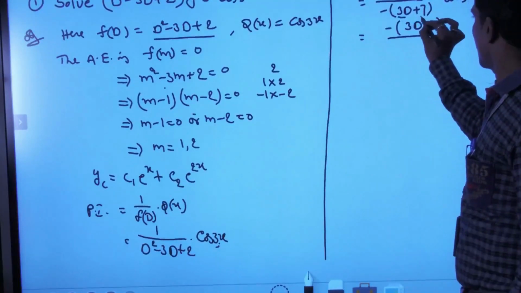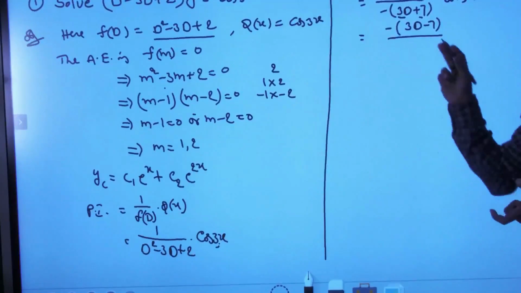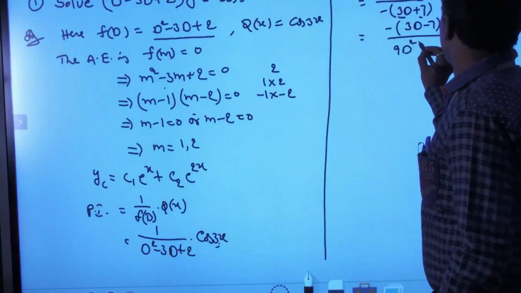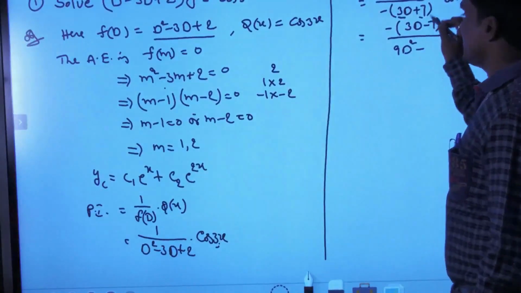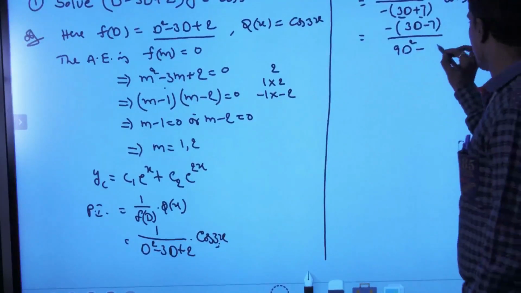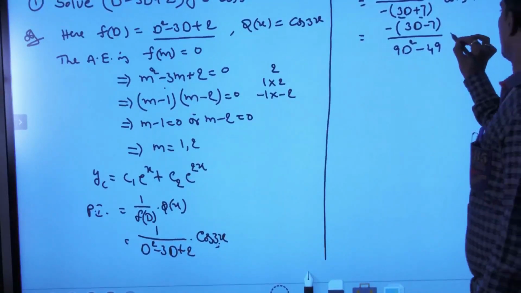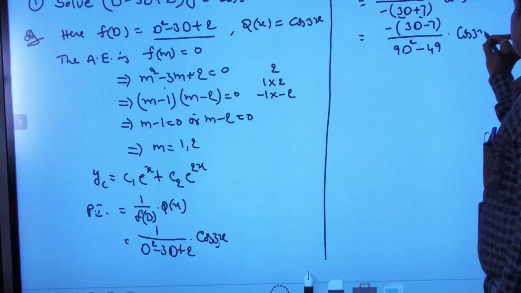What is a, what is b? A is 3d and b is 7. In this case, 3d square is 9d square, minus b square. What is b here? 7. B square is 49, into cos of 3x.